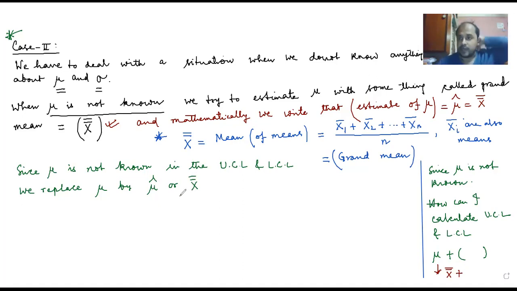Now, how to calculate x bar bar? The formula is given to you. With the help of summation, we can write it as the summation of xi bar, i goes from 1 to n, divided by n. But I know that you are not feeling comfortable when I use too many notations.